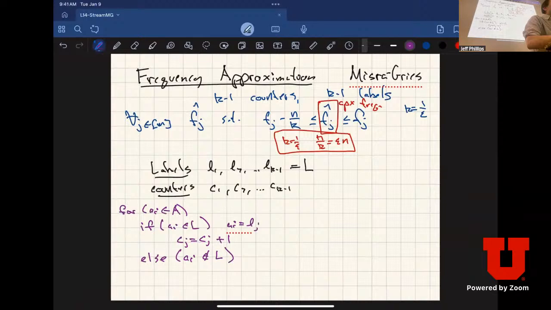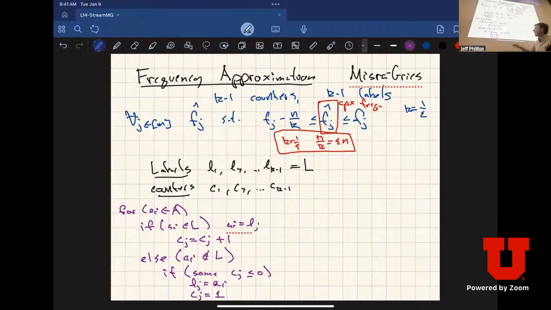So now there are two things that can happen. One is if some C_j is less than or equal to 0, then I can set label j equal to A_i, and I'm going to set counter j equal to 1.